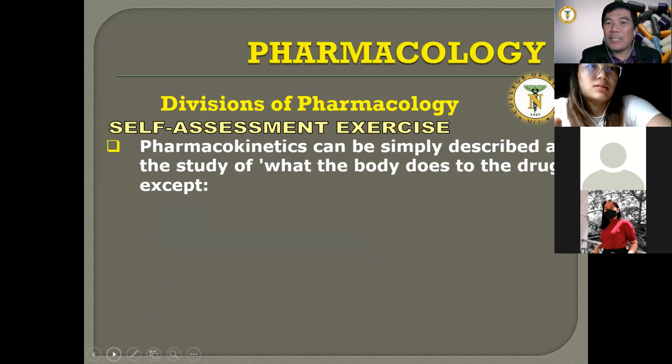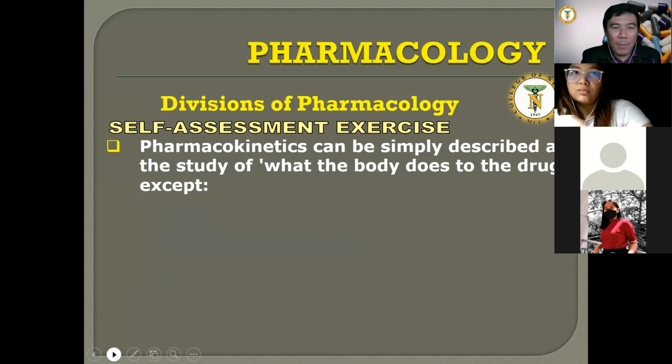Pharmacokinetics can be simply described as the study of what the body does to the drug, except when you encounter questions in the board exam or even in international examinations, always take into consideration that this may mislead you in answering questions. If it is an except question, you are looking for the incorrect statement.